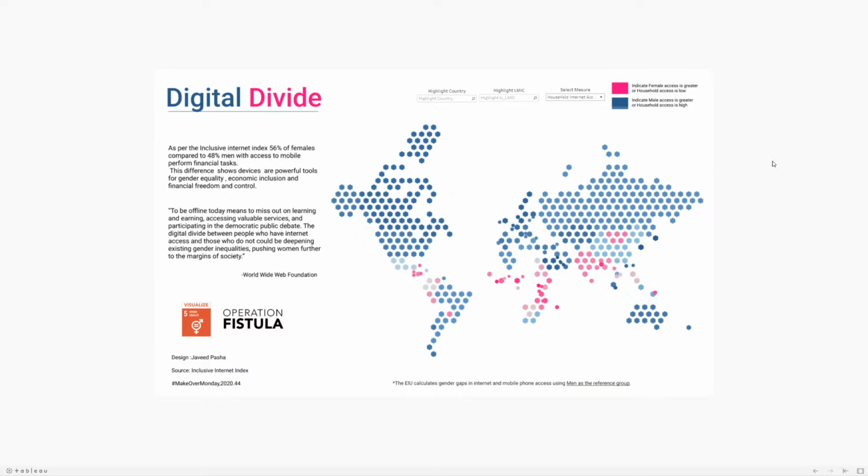Yeah. The other thing is, I just want to quickly note about what's been written here. One of the good news pieces that's been written about in this community who are working for universal internet access is this statistic that 56% of women use mobile phones to perform financial tasks, to manage their bank accounts and things.